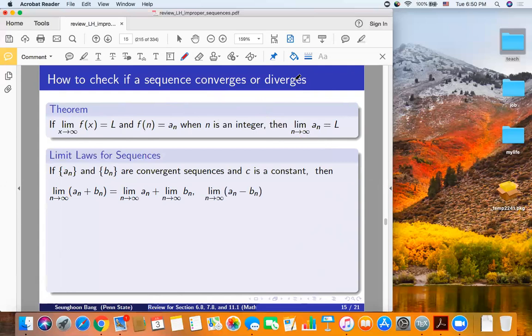The limit of a sub n minus b sub n: same, distribute, the limit of a sub n minus the limit of b sub n as n approaches infinity. The limit of c times a sub n, you can take out c, so c times the limit of a sub n as n approaches infinity. The limit of c. What's the limit of c? Do you know the answer of this one?